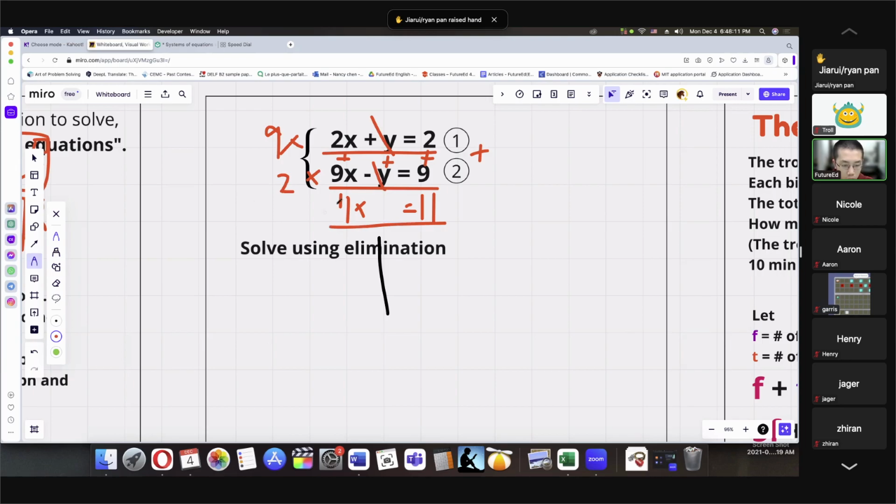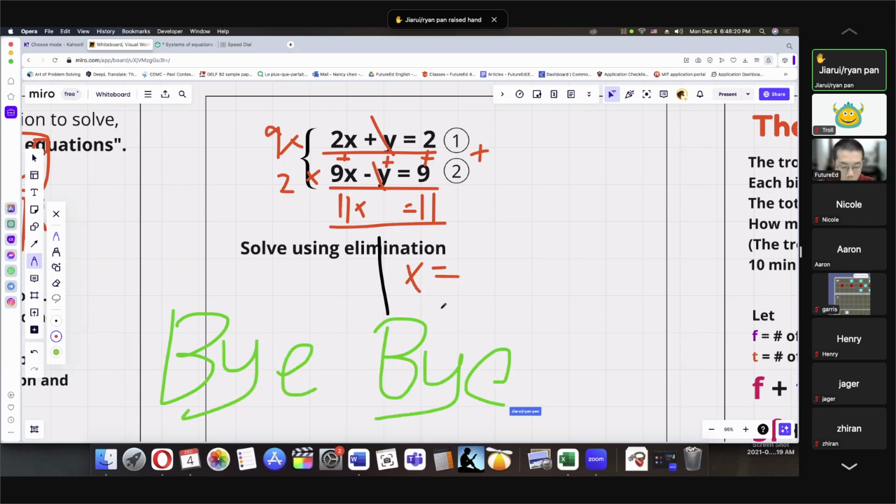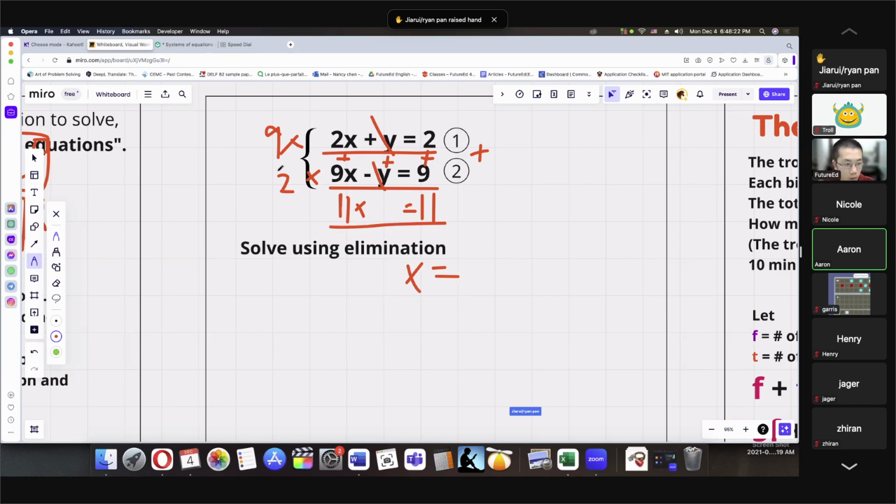So, Aaron, can you help me with this equation, please? 11x equals 11. What is x? Aaron, you were saying something? So we have 11x equals 11.